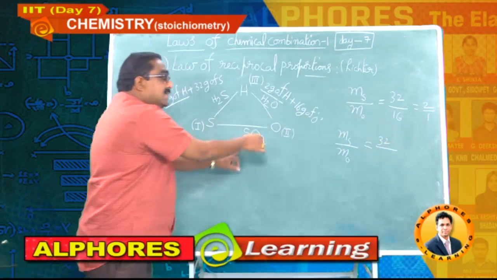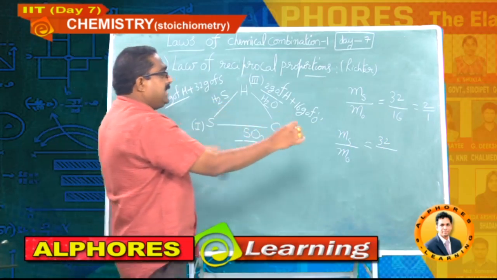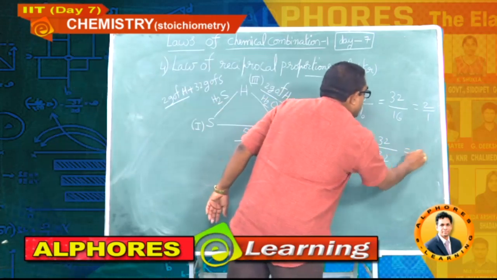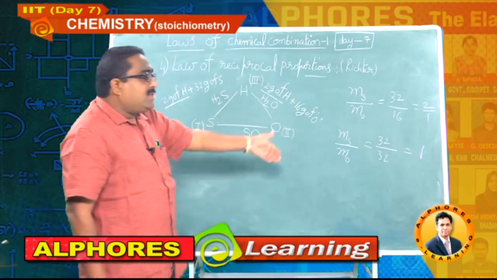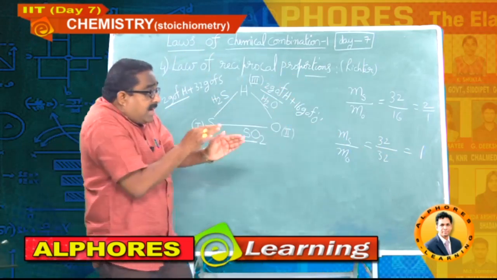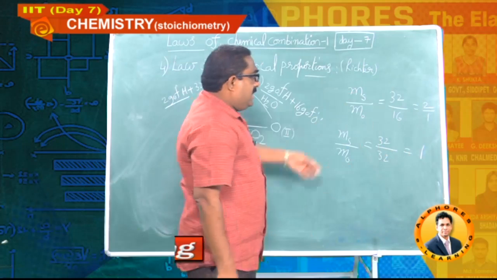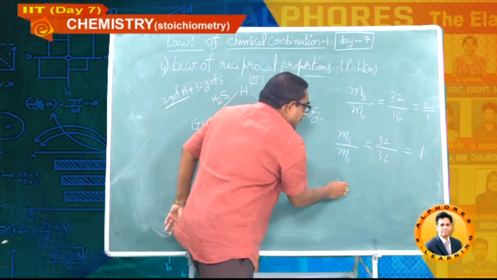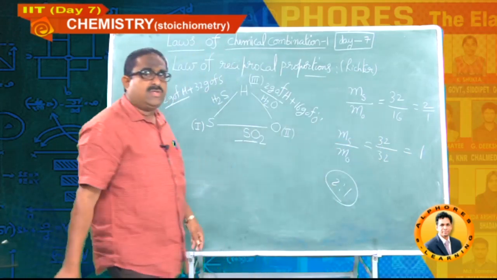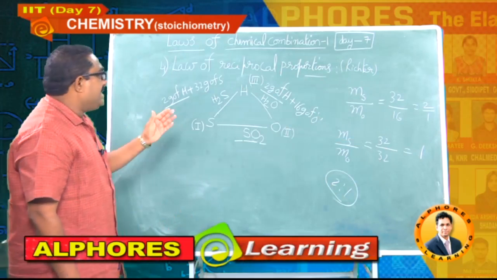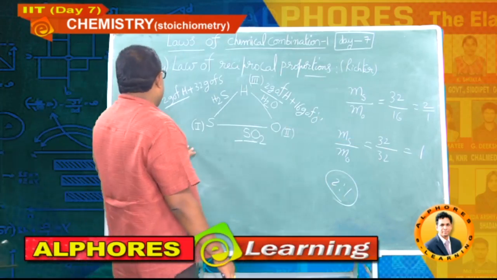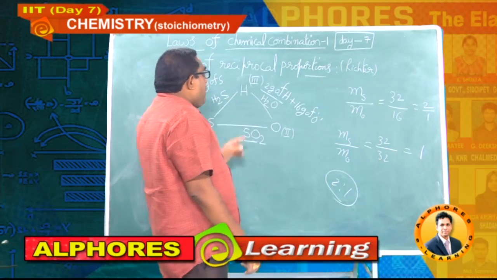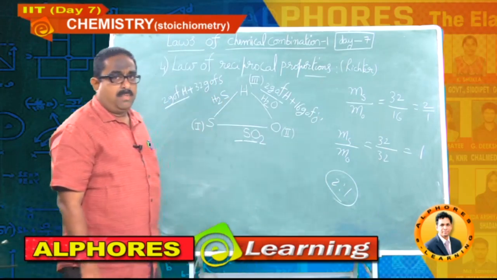Here 2 oxygens are there, 2 into 16, 32 grams. This is 1. Here the ratio is not same, but ratio of these two ratios, that is 2, this is 1. Again the ratio of these two ratios, it becomes 2:1. That's what exactly I have explained you in the form of statement of law of reciprocal proportions.